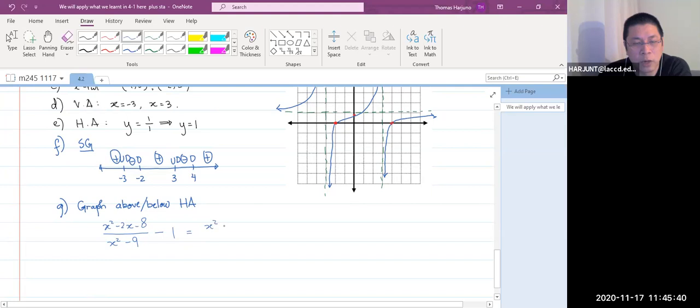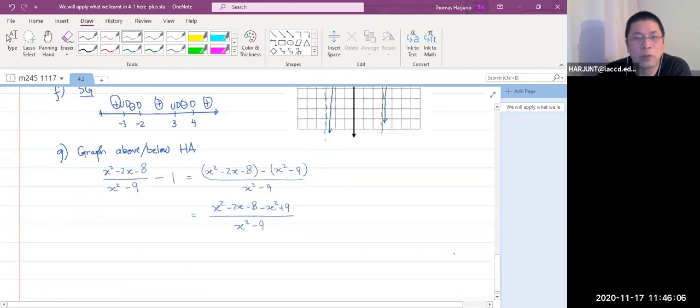So x squared minus 2x minus 8 over x squared minus 9, minus x squared minus 9 over x squared minus 9. That will be x squared minus 2x minus 8 minus x squared minus 9, all over x squared minus 9.